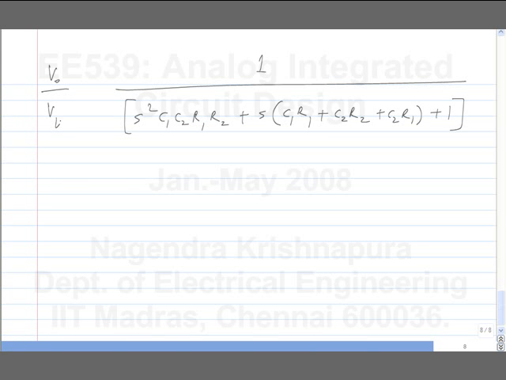The open circuit time constant we evaluated, what was that? So it was C1 R1 plus C2 times (R1 plus R2). And if I write the transfer function using the method of open circuit time constants as a first order one, it will be this.